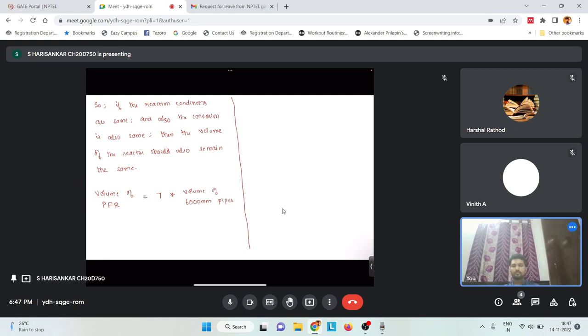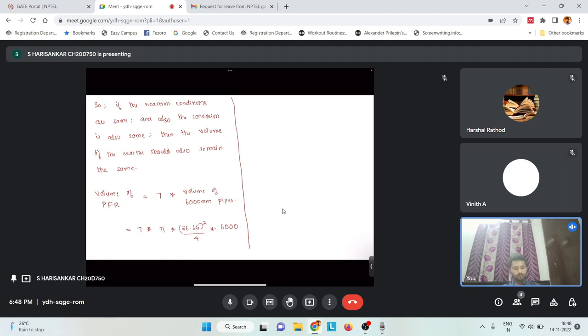Okay, so this will be 7 into volume of each pipe, which will be pi d square by 4 into length. So pi into d square, which is 26.65, the whole square by 4 into 6000.